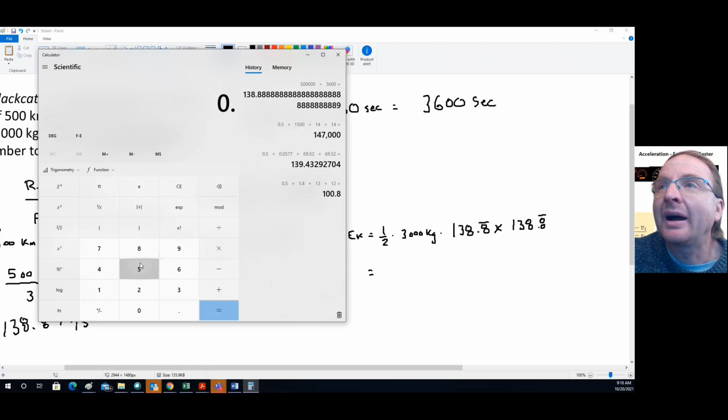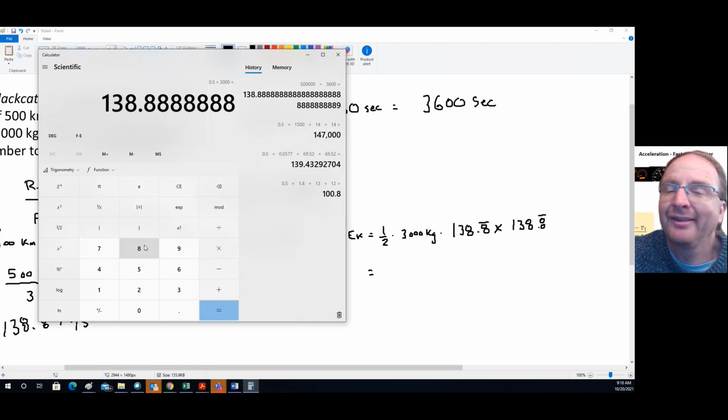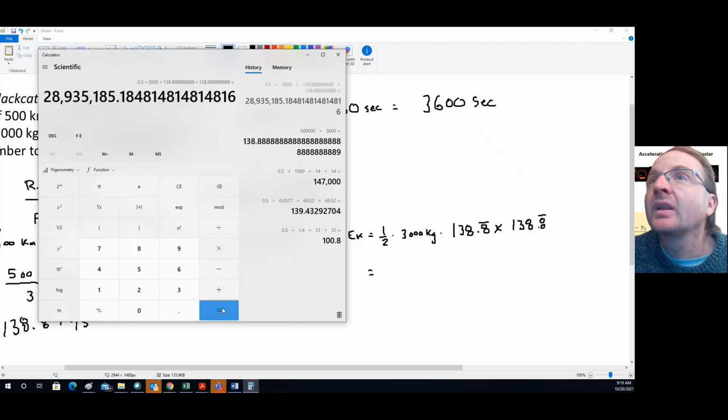Okay, 0.5, so half times 3,000 times 138 point, how many 8s do you put in? Put a bunch. Times 138.888, as many as your calculator can hold. That's big, but it's basically 28 million, almost 29 million actually. That's a lot, but let's put it out here. And I've got it written down here handily for me. 0.184.